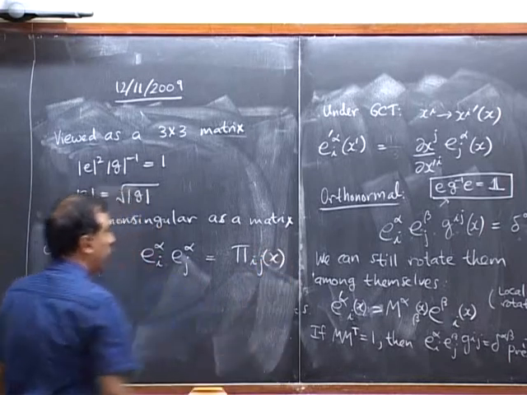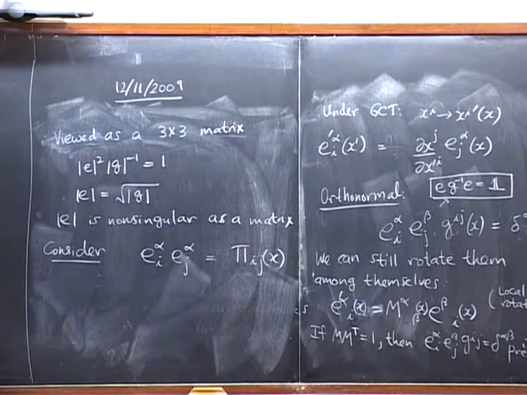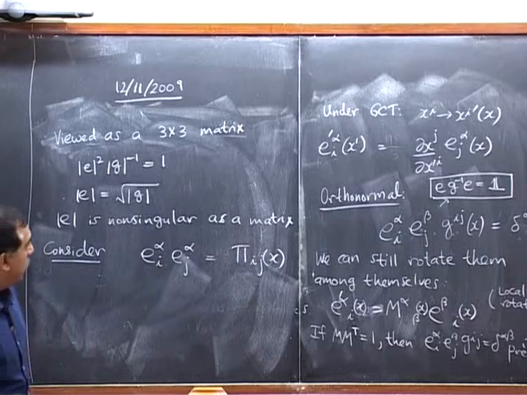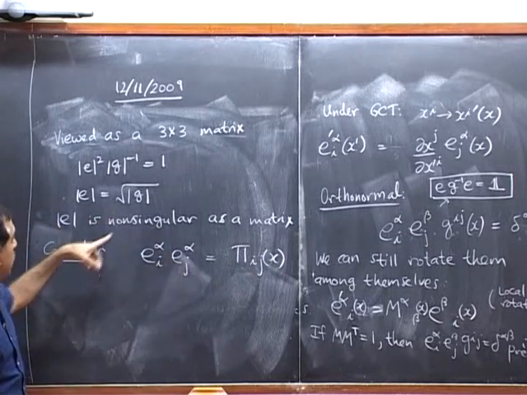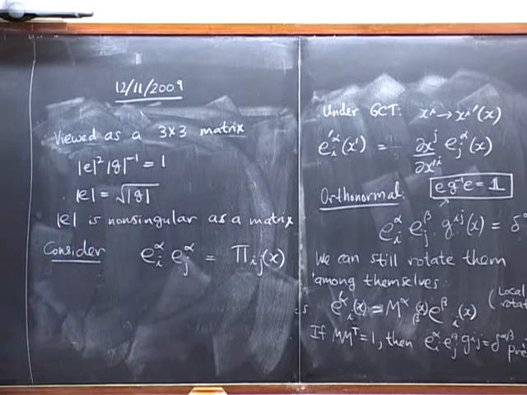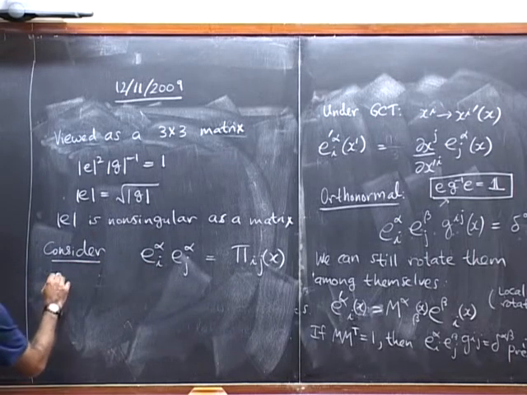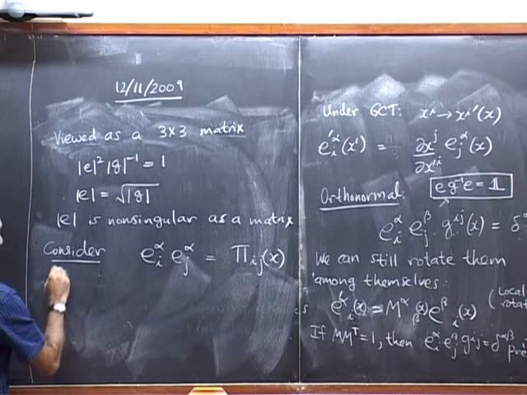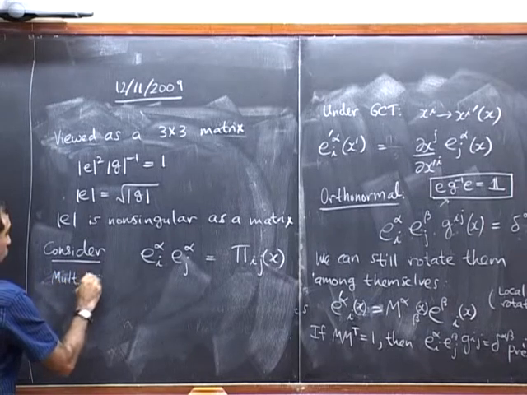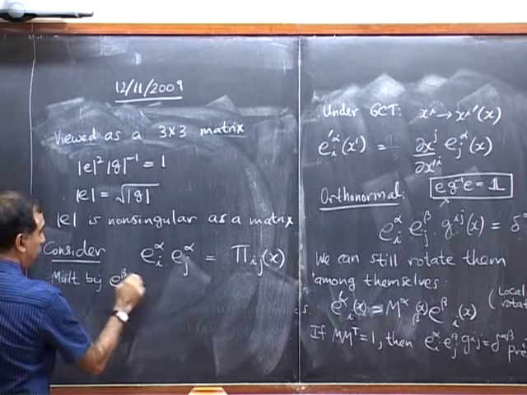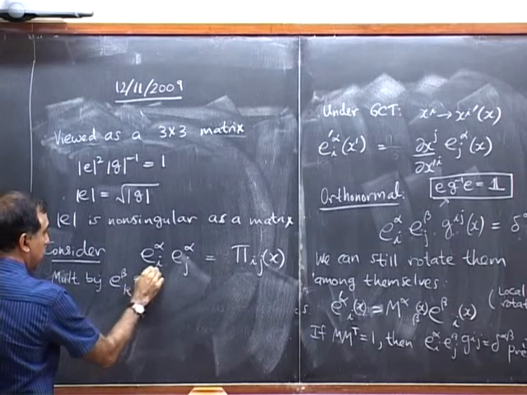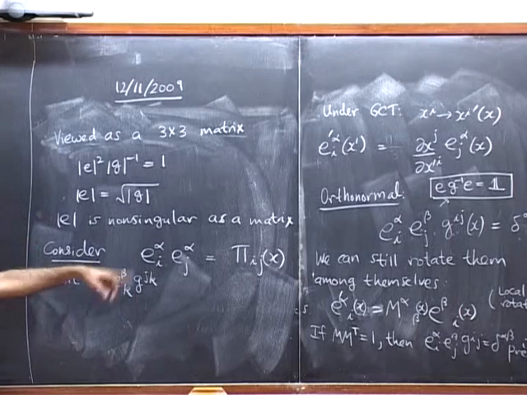So let's try to find out what we can say about pi. First suspicious fact is that the determinant of pi is square of determinant of E, which means it's equal to determinant of G. That's nice. But we can do more than that. Let's multiply this whole equation by E k beta G j k on both sides.